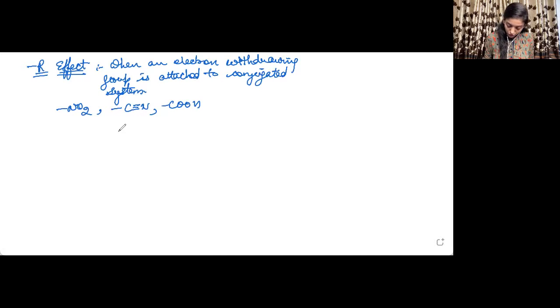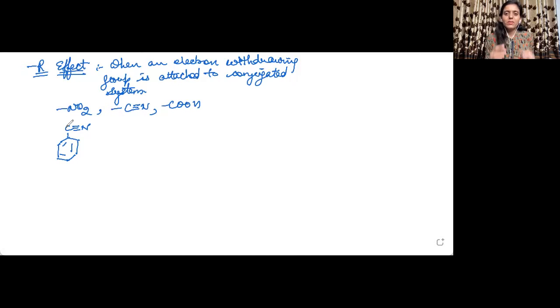Okay, now if we go with the CN group, C triple bond N. Now this carbon atom is triple bonded to the nitrogen atom. So now you note down one pointer, which is very important.